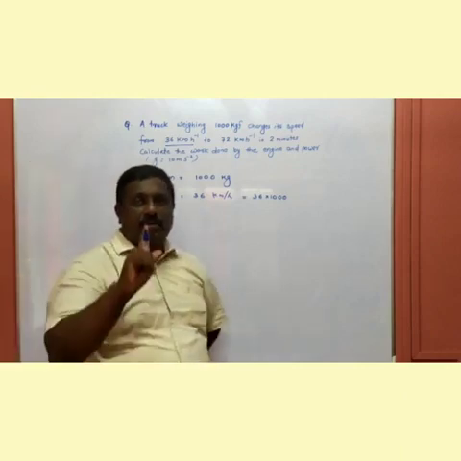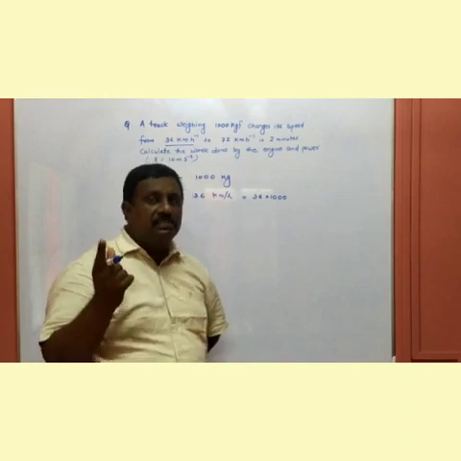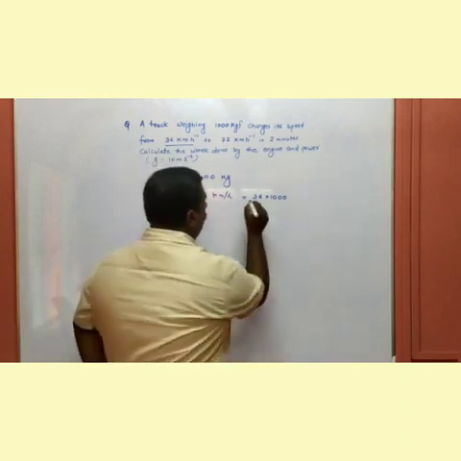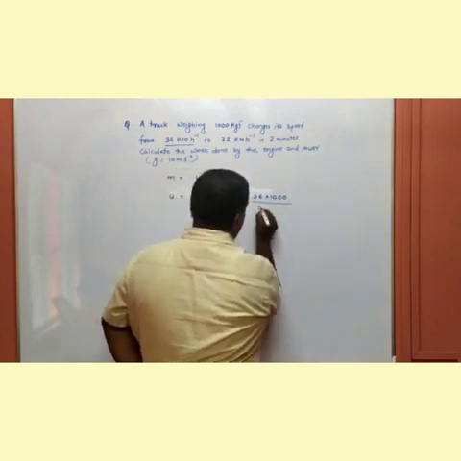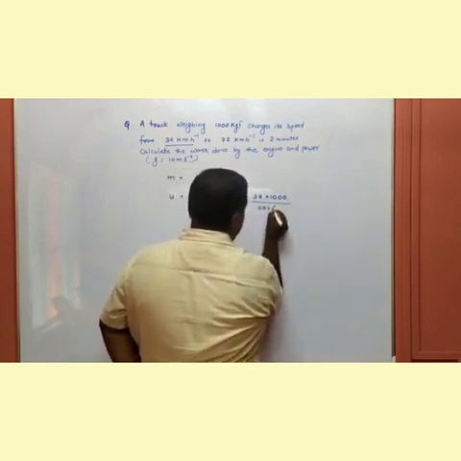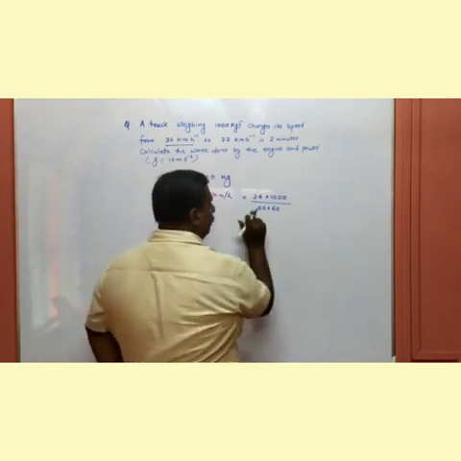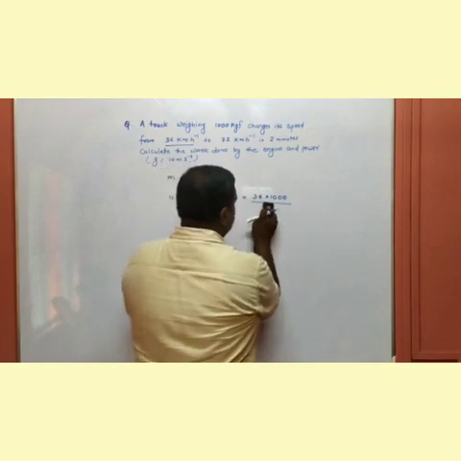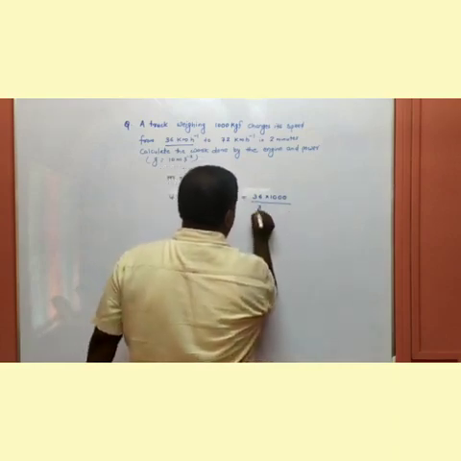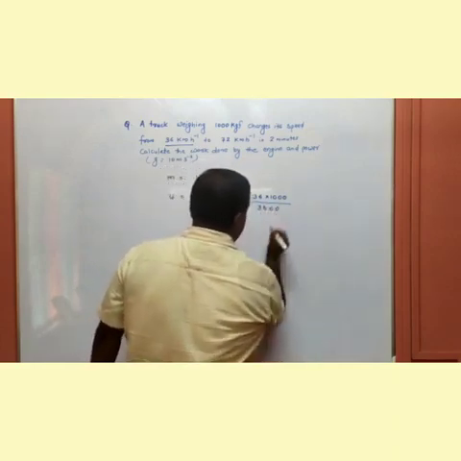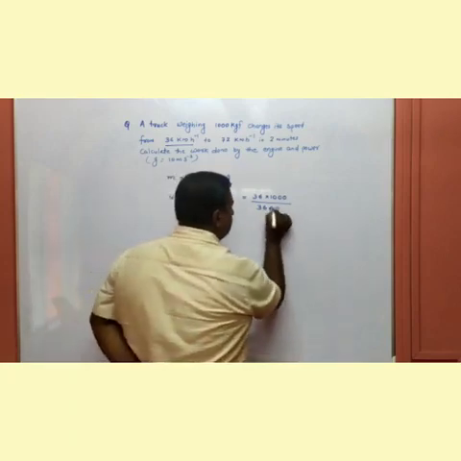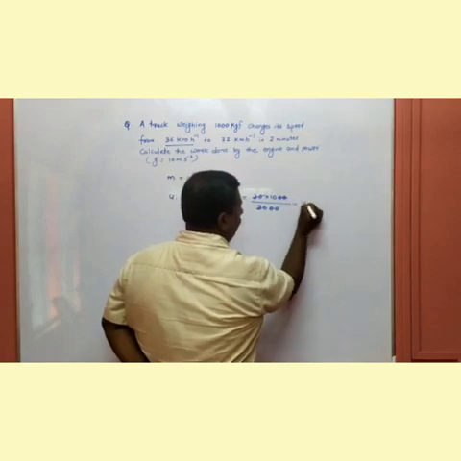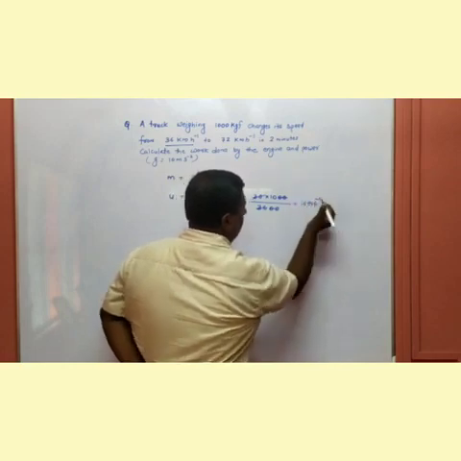That means 1 hour means 60 minutes, and 1 minute is equal to 60 seconds. So I can write here 60 into 60, or you can write directly 3600. On solving this, we will get 10 meter per second.